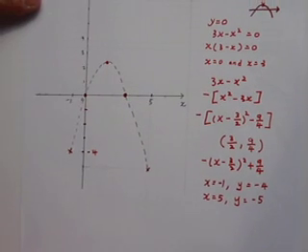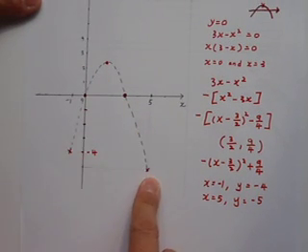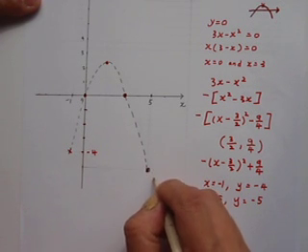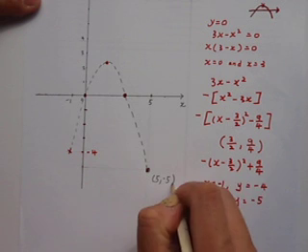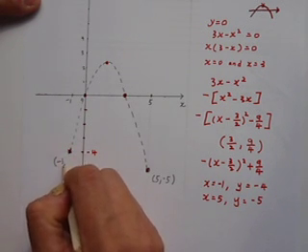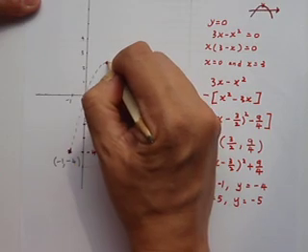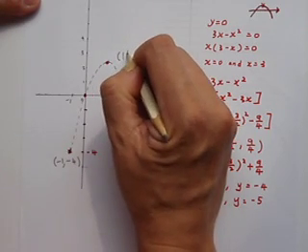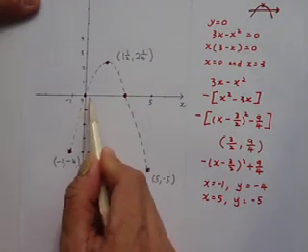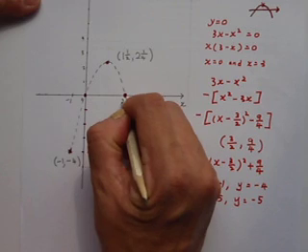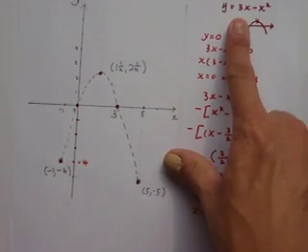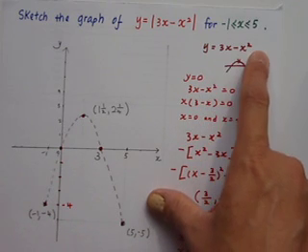Okay, so you get a parabola with the two endpoints, 5, -5 and -1, -4, and the turning point is 1.5, 2 1/4, and the intersections are at 0 and 3. This is only the graph y equals to 3x minus x squared.